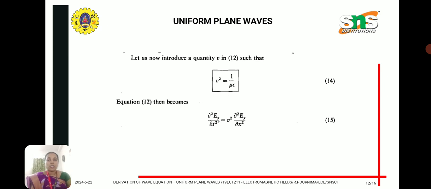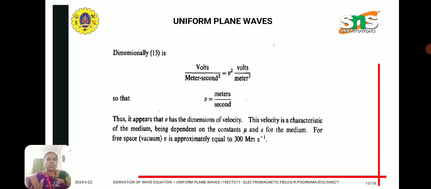This relation is useful in studying plane wave propagation in different media like conductor, dielectric and free space. Dimensionally it is volts per meter squared, and V is meters per second.